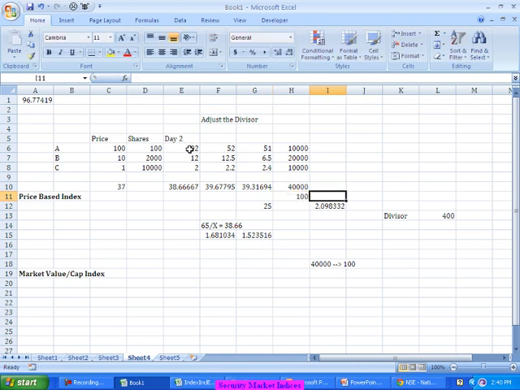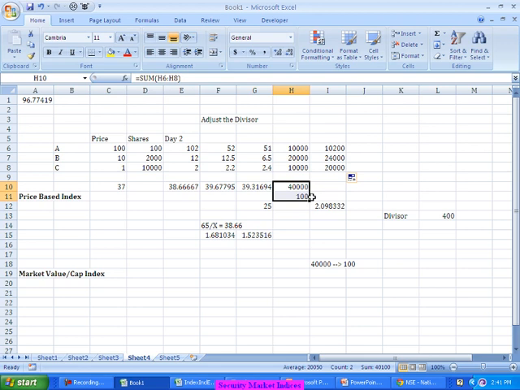So let's say on the second day the prices have gone like this. What will happen to this now? This multiplied by this. These are the numbers.